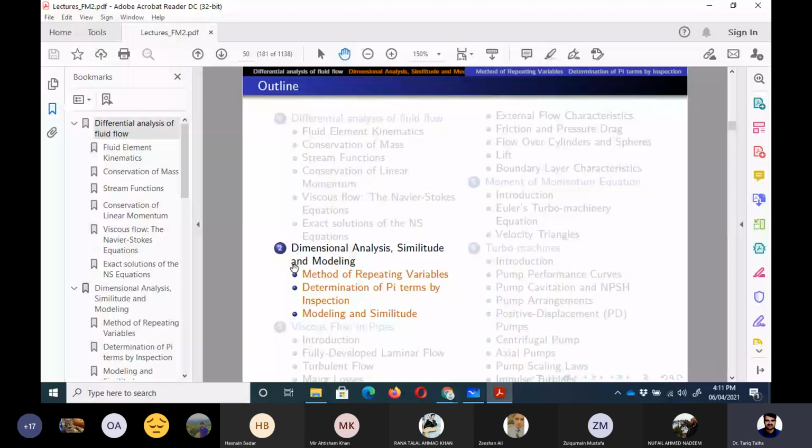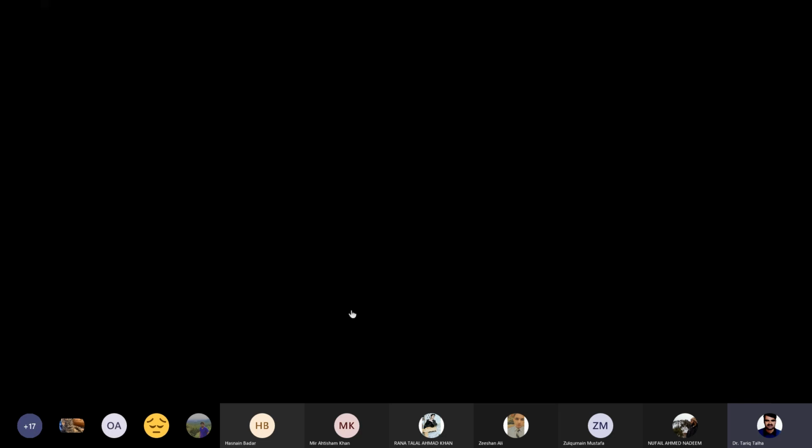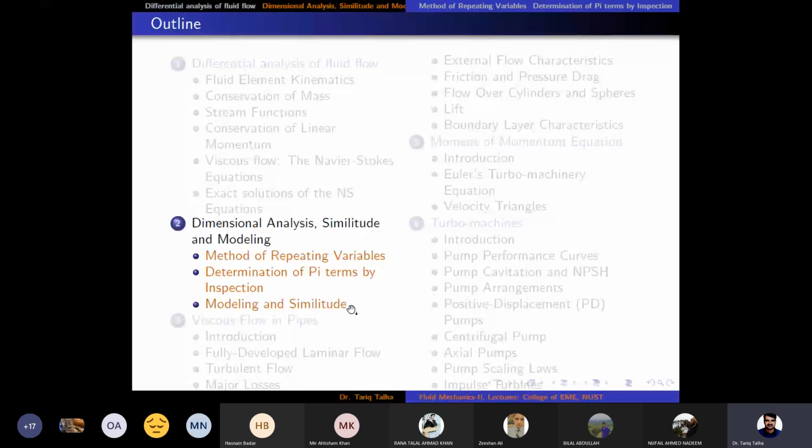Once you do the experiments in FM2, you need to know what kind of experiments you are doing and what are the different parameters you are choosing for the experiment. So that is very important before you conduct the experiment. But maybe due to the DL mode, the lecturer couldn't cover that chapter.